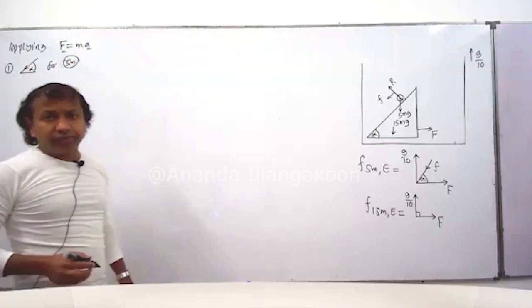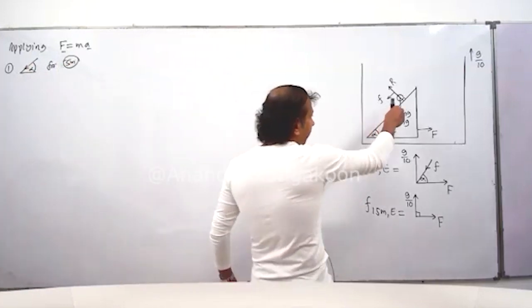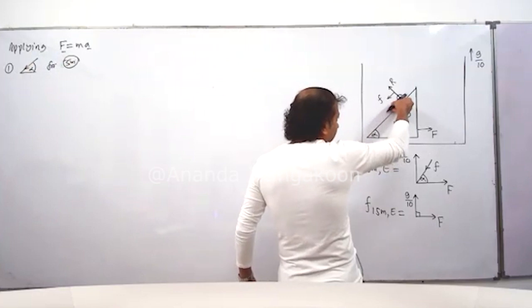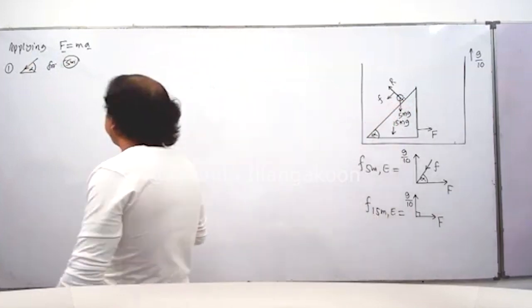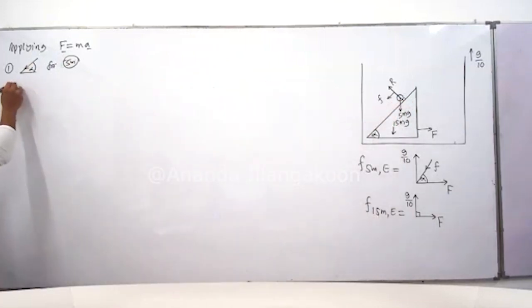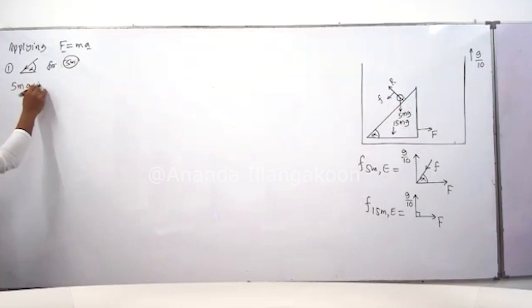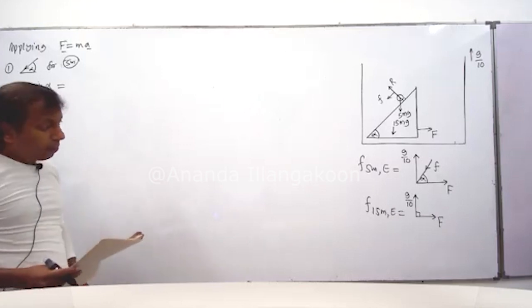What is the component of weight in this direction? 5mg sin alpha. That's all the force: 5mg sin alpha.